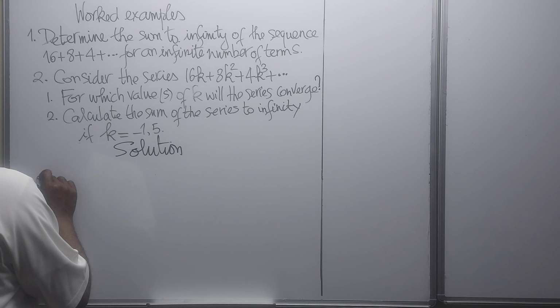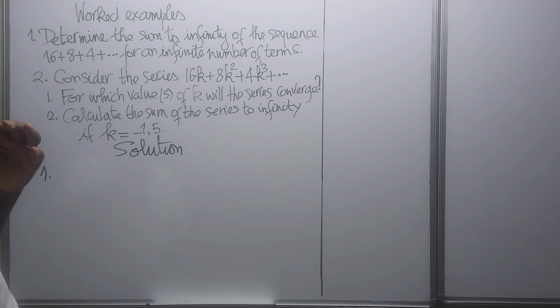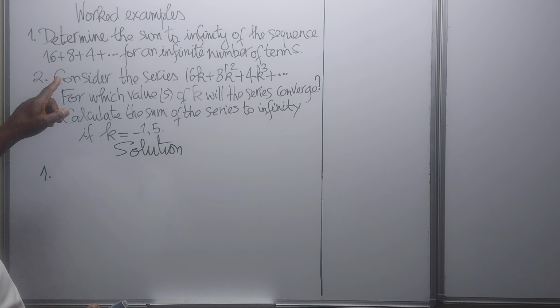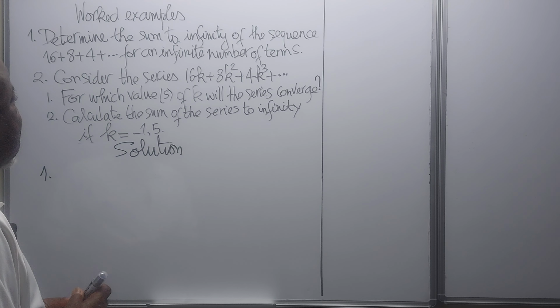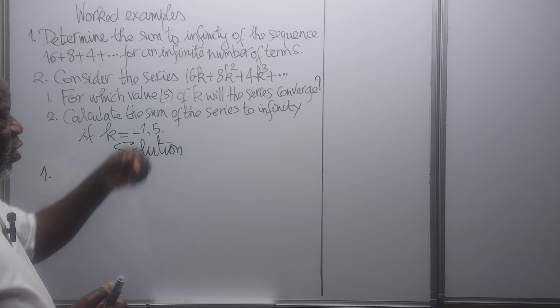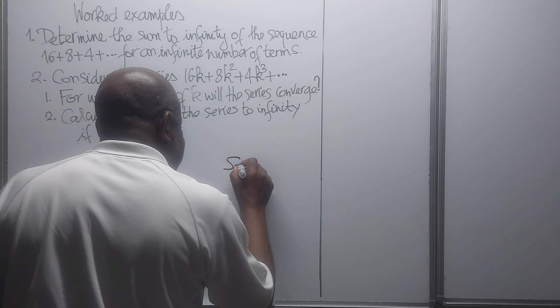For the first one, determine the sum to infinity of the sequence. Our sequence is given by 16 plus 8 plus 4. So you remember, to get the sum to infinity, we have a formula. Let's start by reminding the formula.